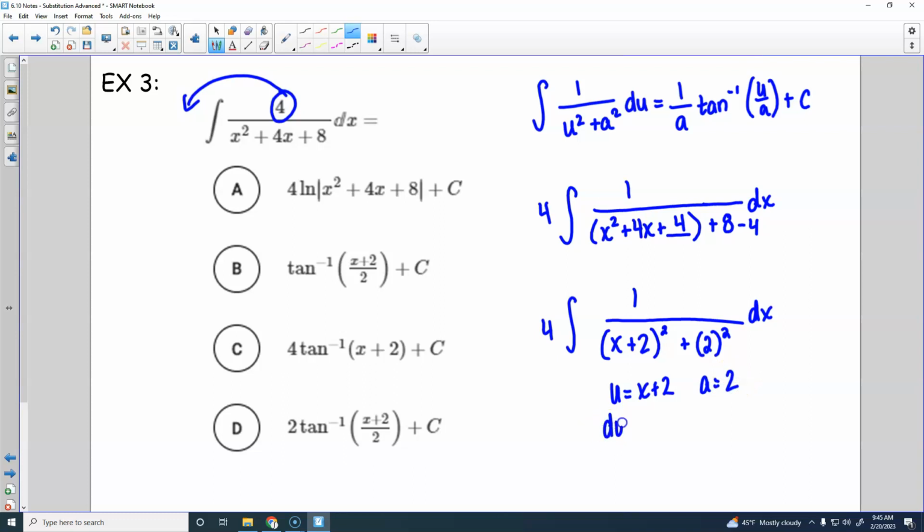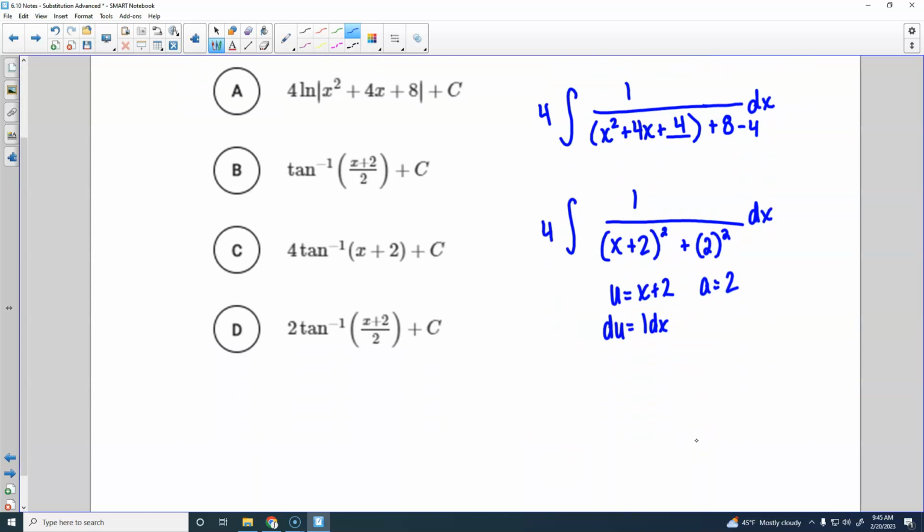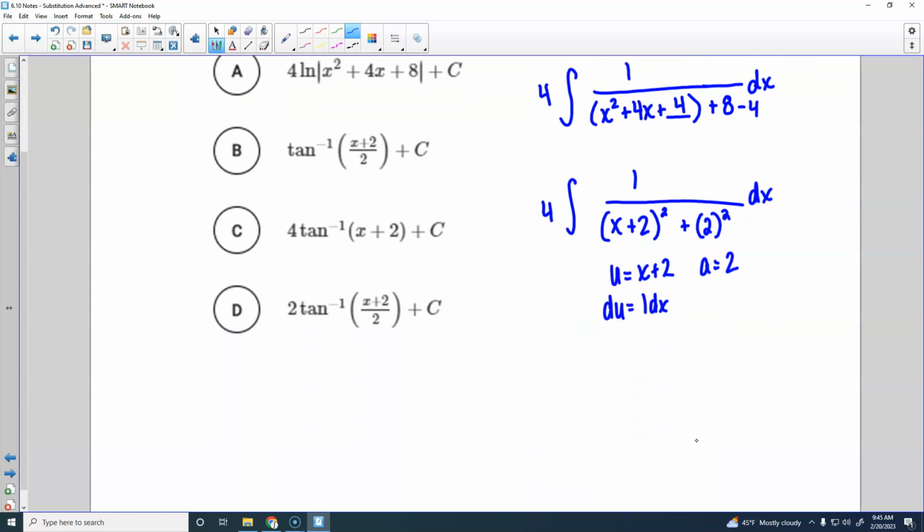You do want to check du, but most of the time for these, they're going to give you ones where you take the derivative and you just get 1. So since this is in that form for inverse tangent, we are going to have 4.